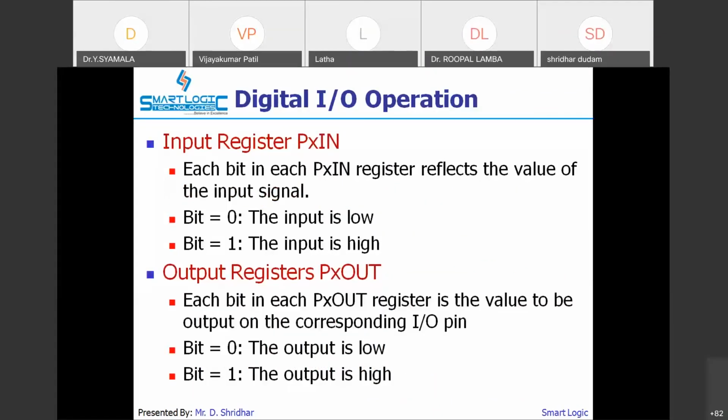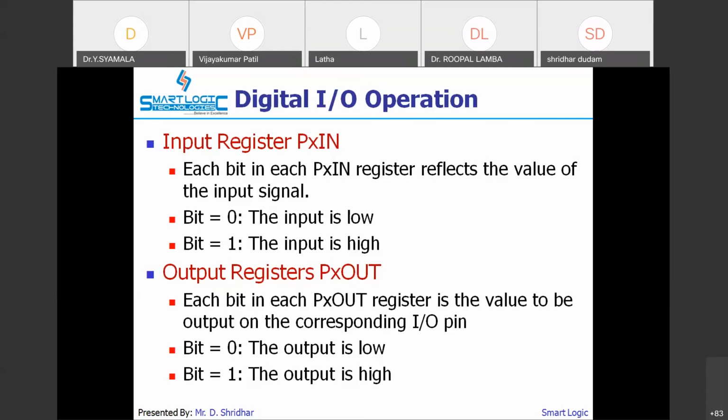Then you can use the input register for reading. Each bit in the PxIN register, that is P1IN, reflects the value of that input signal. And you can use P1OUT, P2OUT as output registers. If you want to write something on that port pin, you use P1OUT.